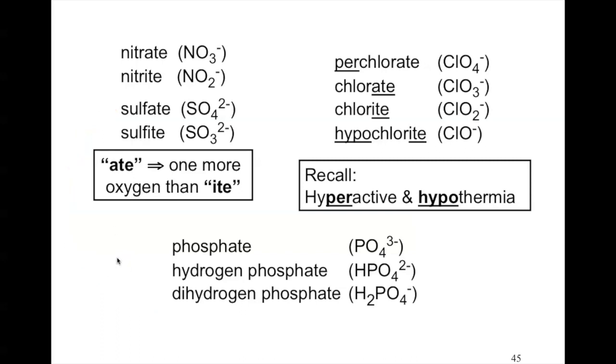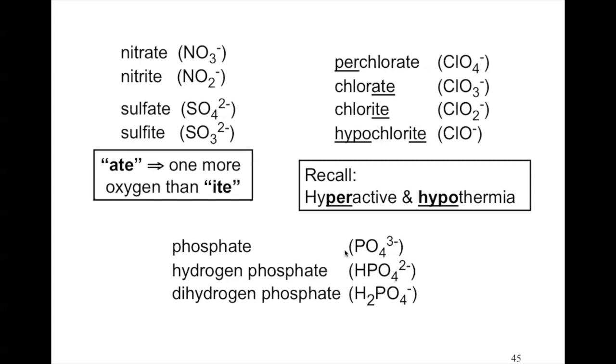If we take H+ and add it to PO4 3-, so that they're bound together, we generate a new polyatomic molecular anion. In this case, HPO4, and now the charge is reduced by 1 because we've just added a positive charge to it. We would call this hydrogen phosphate, for this new polyatomic molecule.